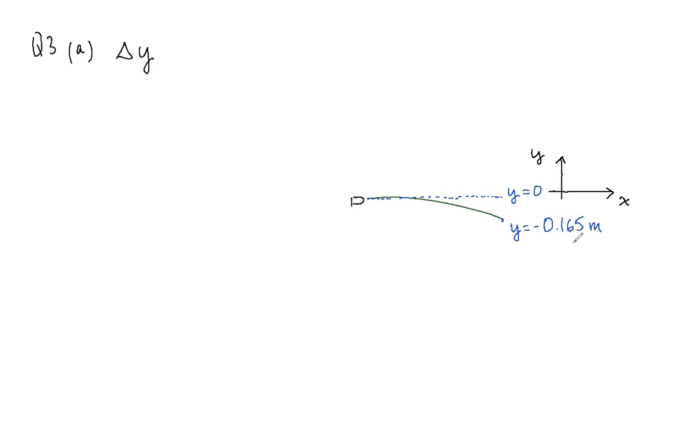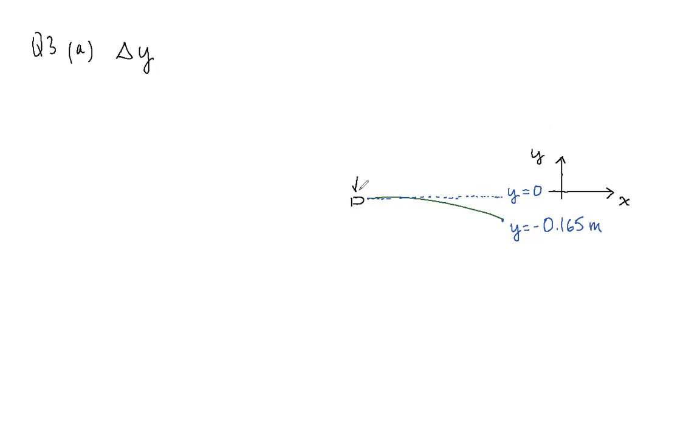Why? Because they tell you that it misses the bullseye by 16.5 centimeters. So if y equals 0 is up here, then down below that it's a negative y coordinate. That's what's happening with our bullet.